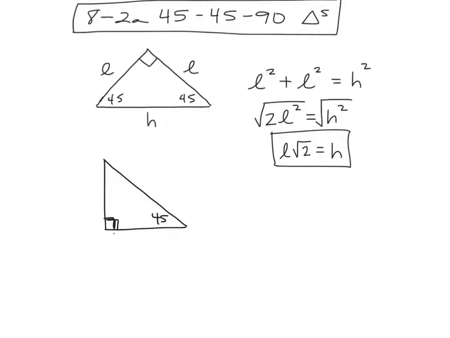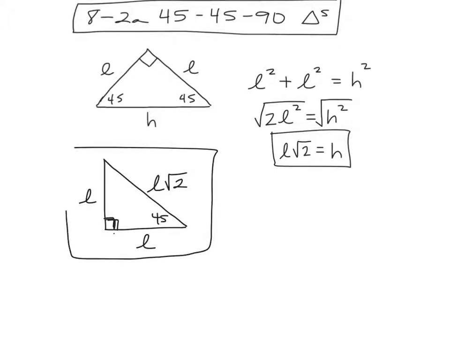You know the three have to add up to 180, okay? So if this is my setup, this would be L, this would be L, so my hypotenuse would be L rad 2. That is going to be the shortcut you use throughout this whole section. Okay, that will always be the relationship between the three sides in a 45, 45, 90.